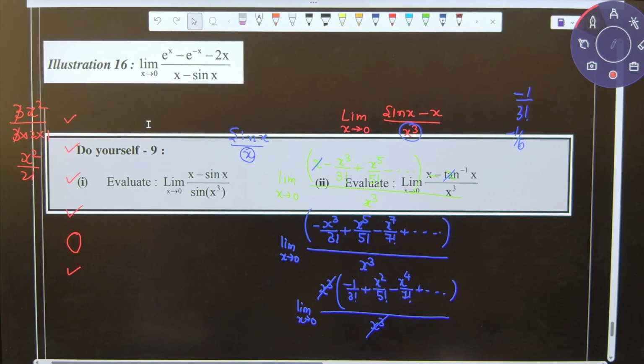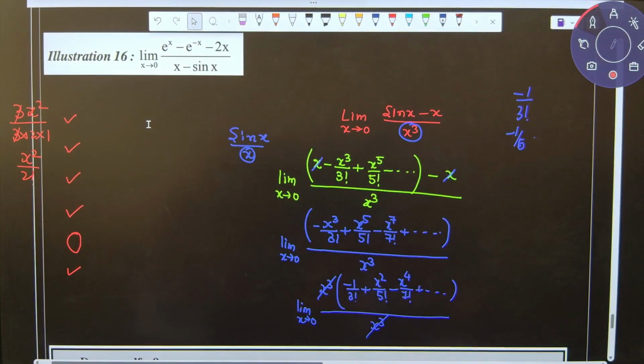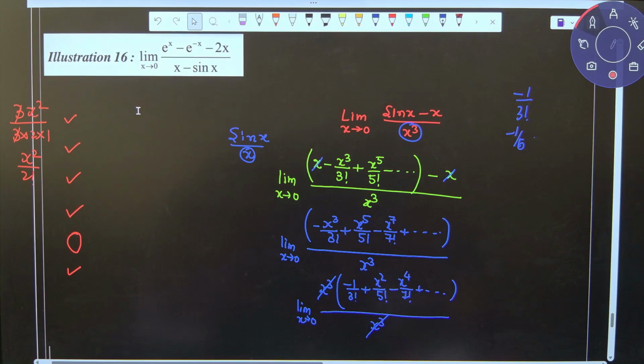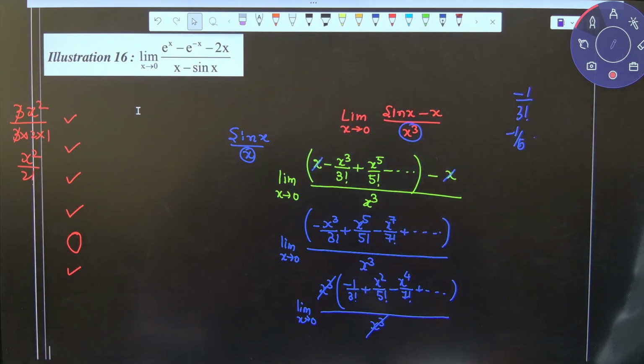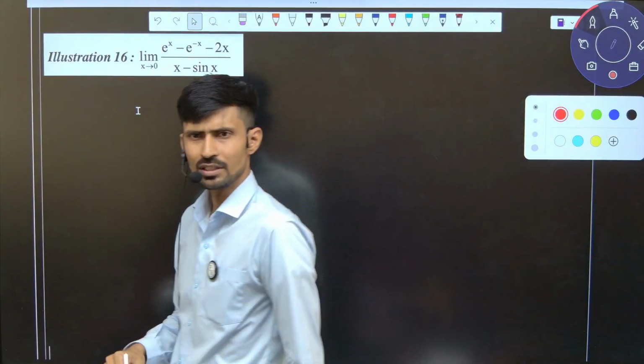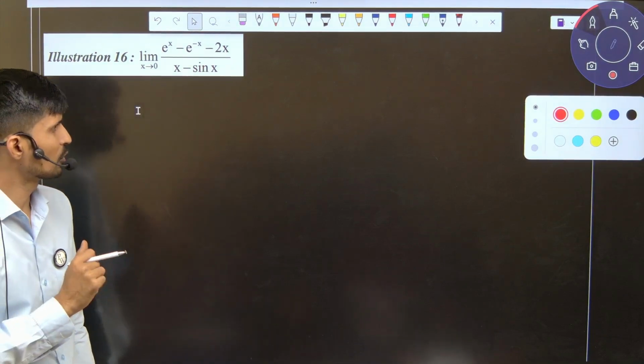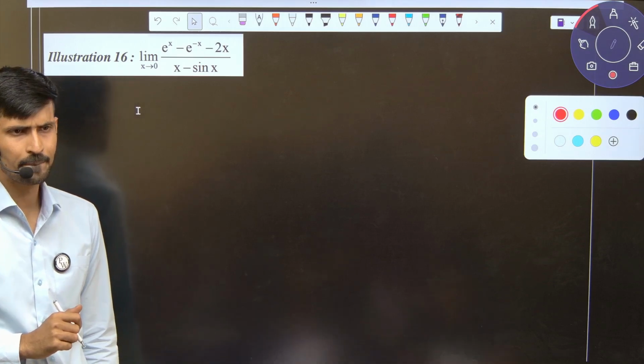Now, write down that question. How will I find this, do I have to do it with expansion?